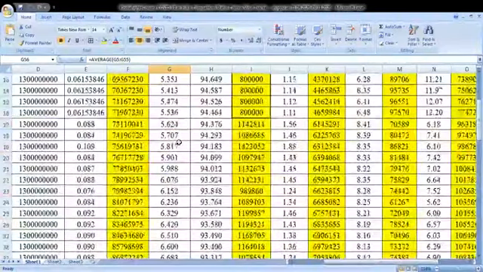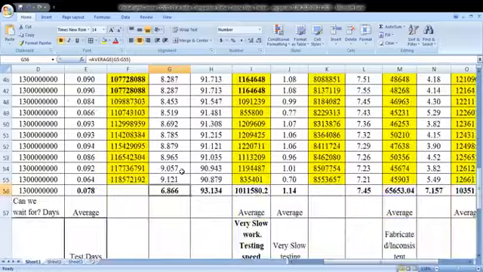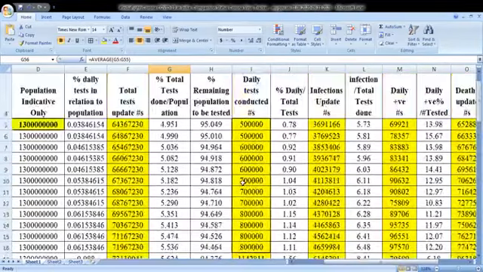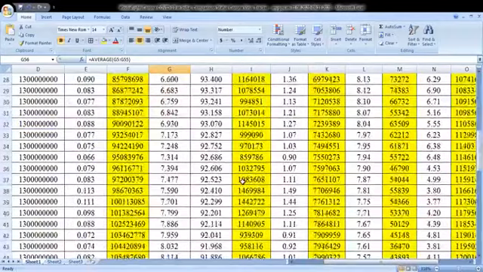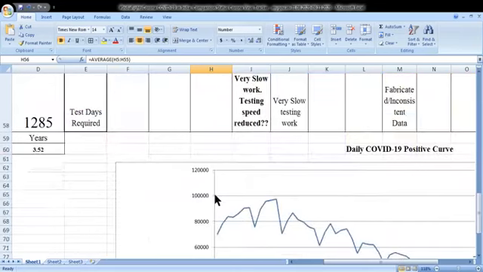And here it is percentage total tests done over population, and that is only 6.8. So you can see the remaining population to be tested is 93. Now you see for yourself how many people have been tested. Very few people. 93% of people are required to be tested. And you need 1285 days, or 3.5 years, for that.